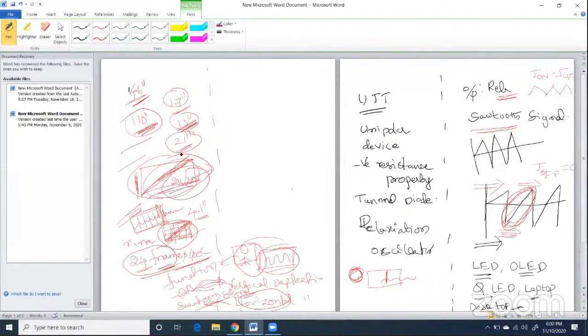Please note down the point, guys. The output of a relaxation oscillator is a sawtooth signal.